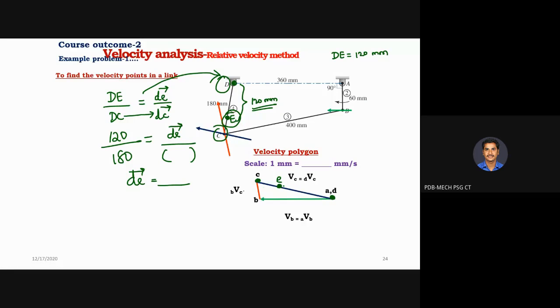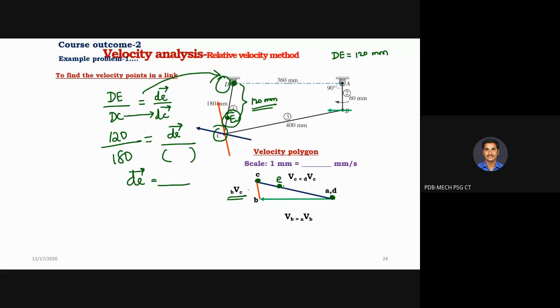Now tell me how to make the directions for velocity of C with respect to B in the velocity polygon. Where should the arrowhead go? Which is the origin? What is rotating with respect to what? Take this red color vector.